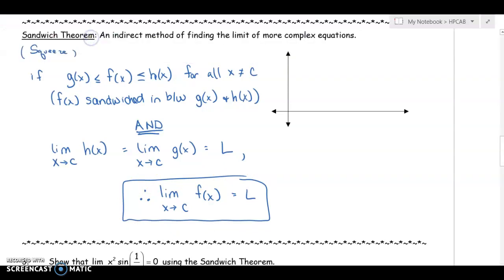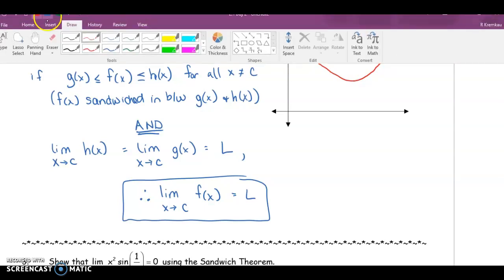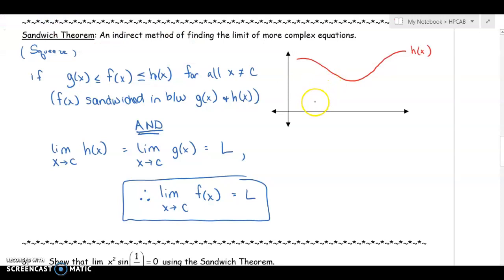That probably doesn't make a whole lot of sense at the moment, so let me draw a picture so you can see what's going on. Let's say that we have some function. I'm just going to draw it in red. Let's say that this is h of x. And then let's say that we have this function g of x.